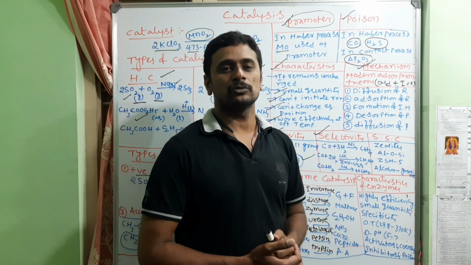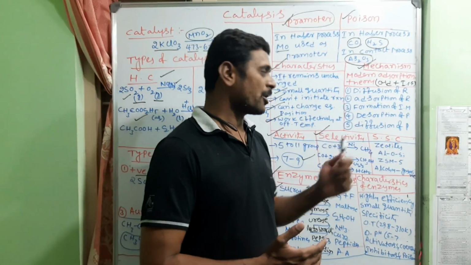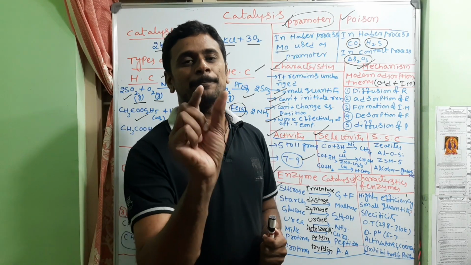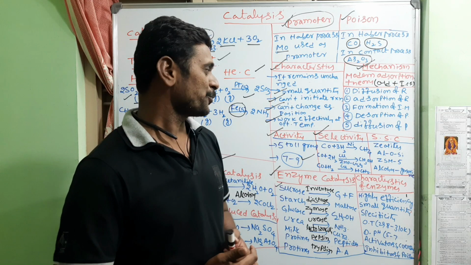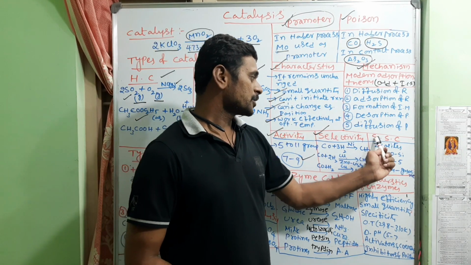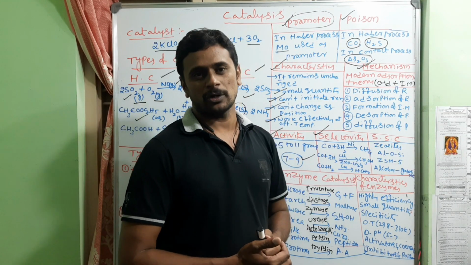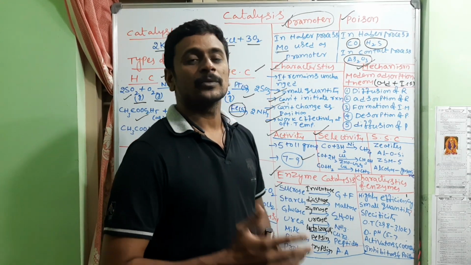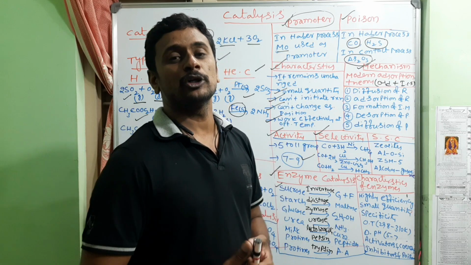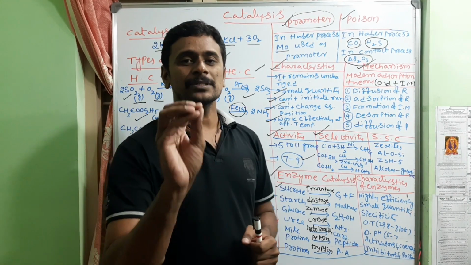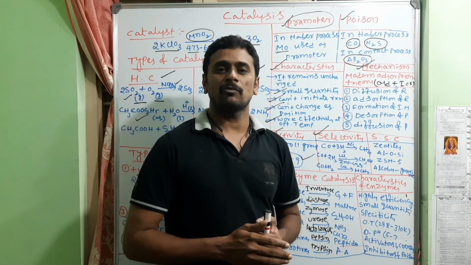Next, shape selective catalysis. These reactions depend upon the pore size structure of the catalyst and the size of the reactants and also products. The best example of a shape selective catalyst is zeolites. Zeolites are 3D covalent network structures, 3D covalent aluminosilicates. In this, some silicon atoms are replaced by what?